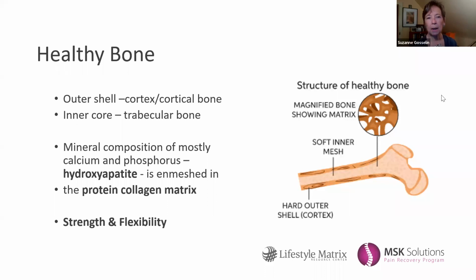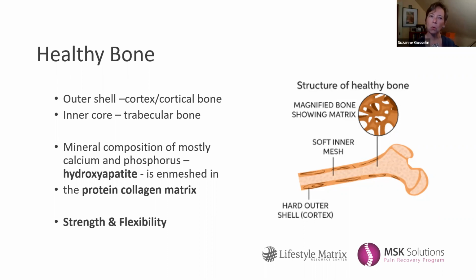There we go. I wanted to talk about what's the makeup of a healthy bone, because some of these terms are going to come up again. Most bones have a structure of a hard outer shell that we call cortical bone, or the cortex.